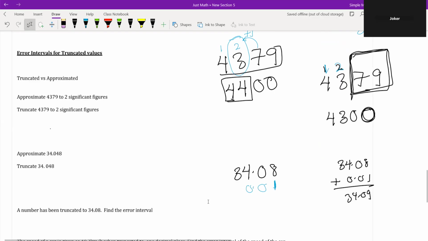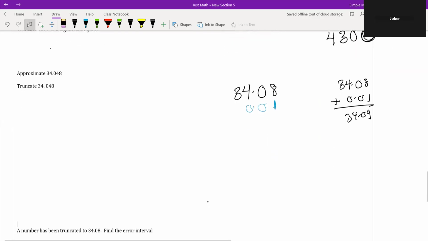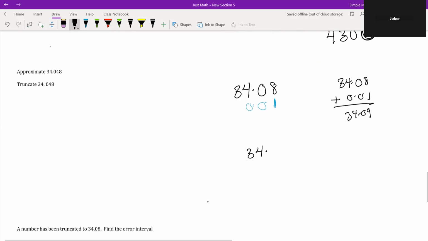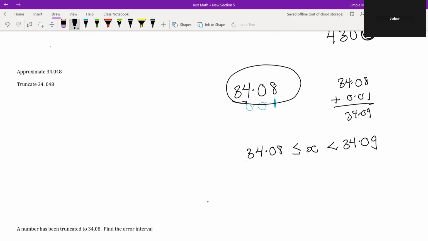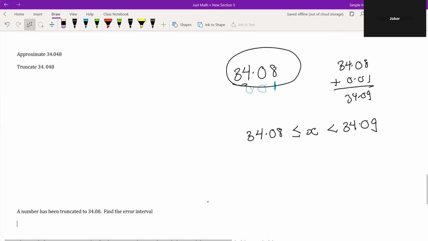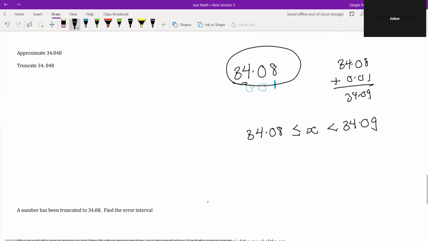So it means that whatever value we have, it falls between 34.08, less than or equal to x, which is less than 34.09. Your initial value now becomes your lower limit, because when you truncate, you can't go lower than that. So this will be your error interval: 34.08 is less than or equal to x.